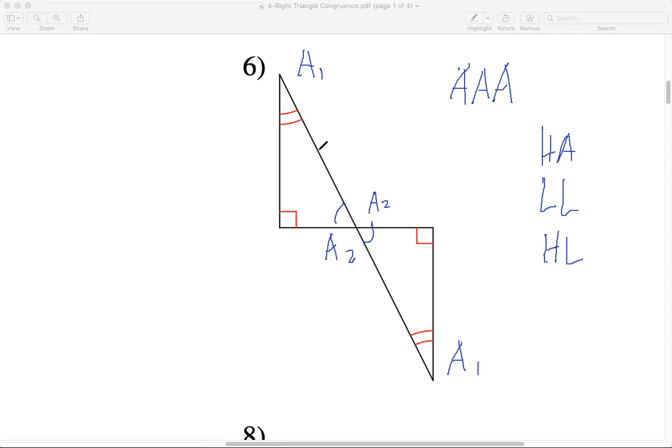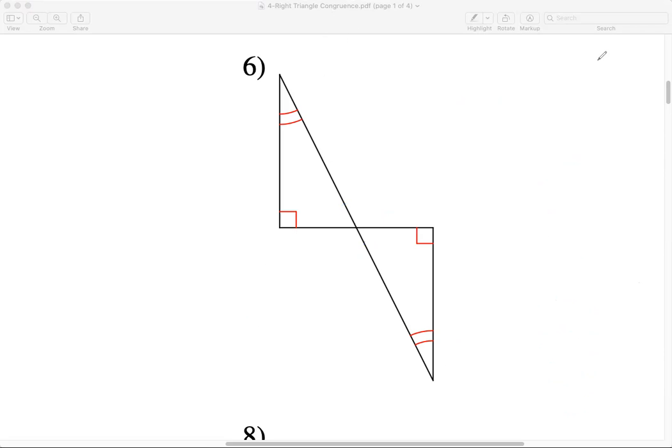Therefore, we can say now that these two triangles are not congruent. Okay, and we can't even use the SSS because there are no sides, the SAS because there are no sides, the ASA because there are no sides. So therefore, these triangles are not congruent. Okay, any questions so far? All right, so that's it.